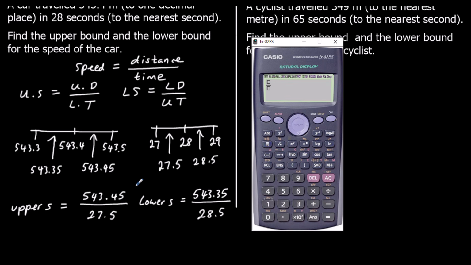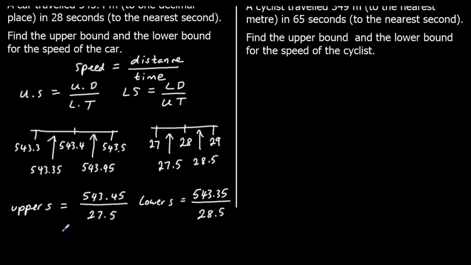So we've got 543.45 over 27.5, which is 19.76 to 2 decimal places.